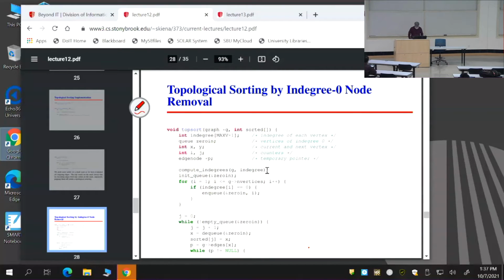Now, the other idea for topological sorting I hinted at last class was to observe that if you have a vertex of in degree 0, it may have a lot of out degree.